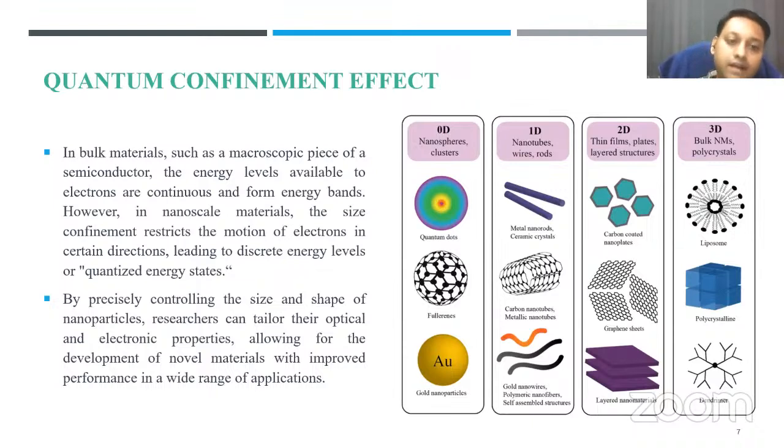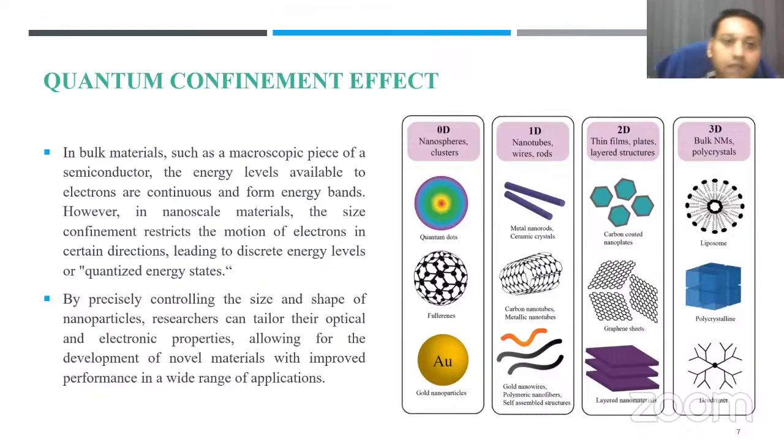I know the attendees have all gone through this kind of physics in their class 12 level or at the graduate level. Quantum confinement basically means that the particles or electrons, in this case at the atomic scale, are confined in their movement.